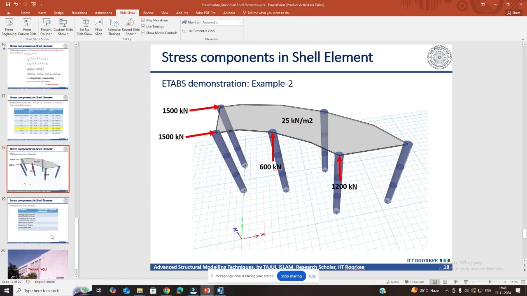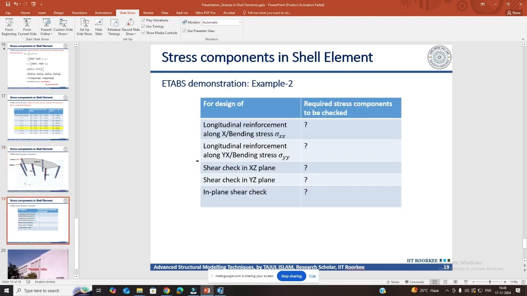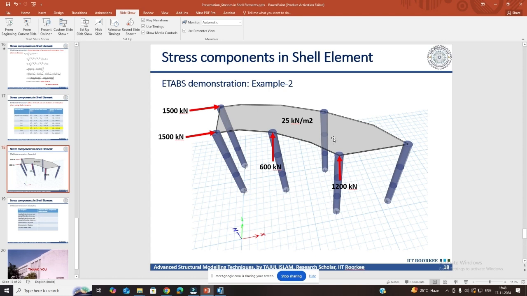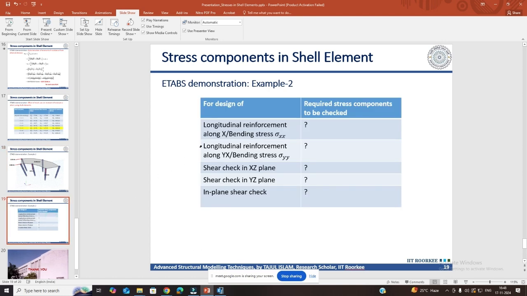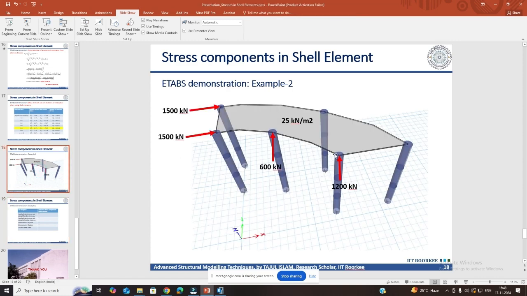Now I have these questions, and you tell me which stress component or which modifier should be checked in this case. First, let us say I have to design longitudinal reinforcement, or check bending stress sigma xx according to the shell definition in ETABS.